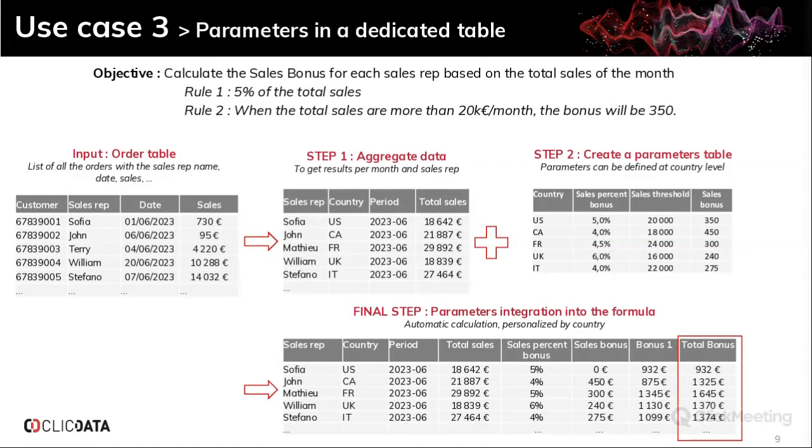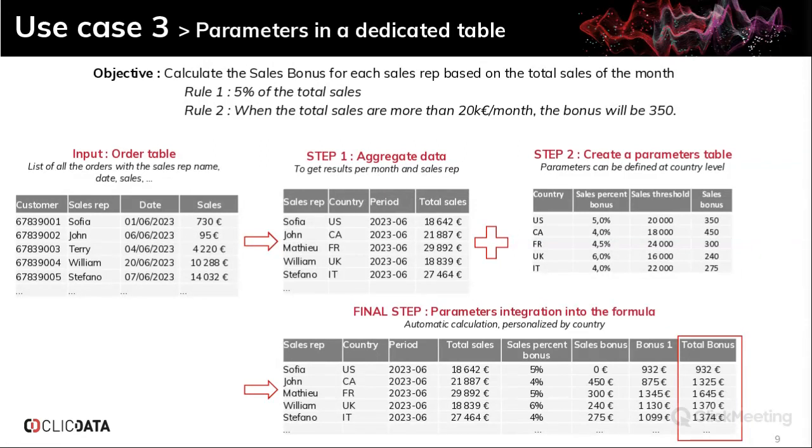To get the total sales. Once it's done, in the meantime, we have to use this parameters table. It means that at the end, in the final step, for each sales rep, with a combination of step 1 and step 2, we will be able to calculate the total bonus.